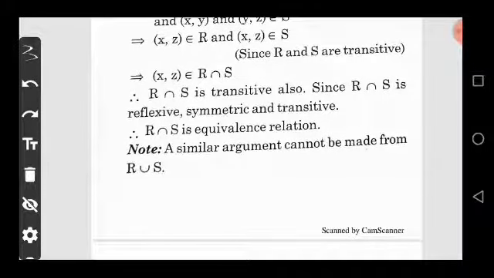Therefore R intersection S is transitive also. Since R intersection S is reflexive, symmetric and transitive, R intersection S is an equivalence relation. The notable point is that a similar argument cannot be made for R union S, so option C is correct. Now move on to the next question.